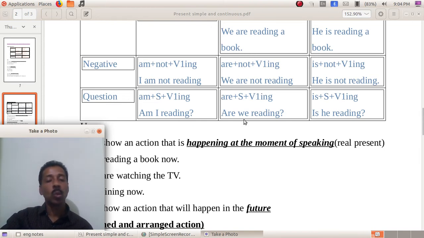If it is we, you, they, are plus subject plus V1 ing. So are we reading, are they reading, are you reading, etc. If it is third person singular, is plus subject plus V1 ing. Is he reading? So present continuous is, am, are plus V1 ing.